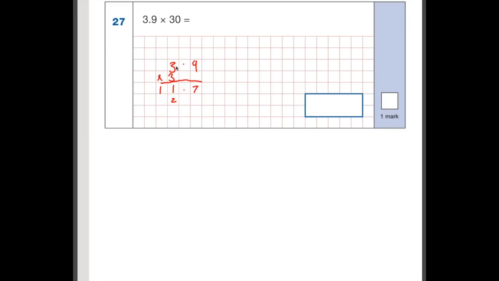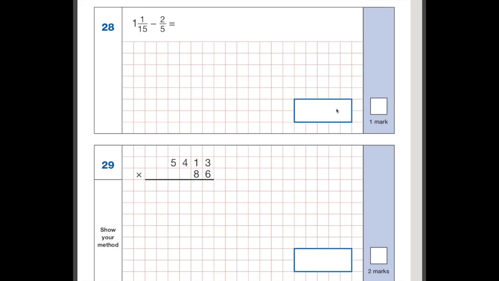Now, we only did 3.9 times 3, but our answer was 3.9 times 30, so in this case we're going to have to multiply this whole answer by 10, otherwise it's not right. So 11.7 times by 10, remember if you times by 10 the numbers all jump to the left, so it'll be 117.0 or 117.